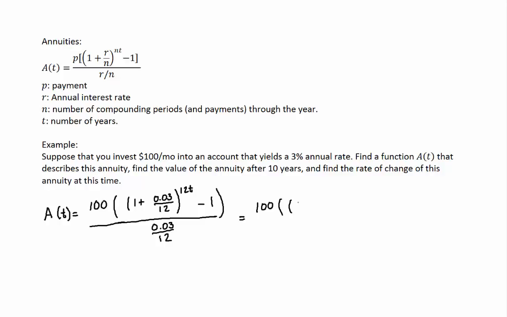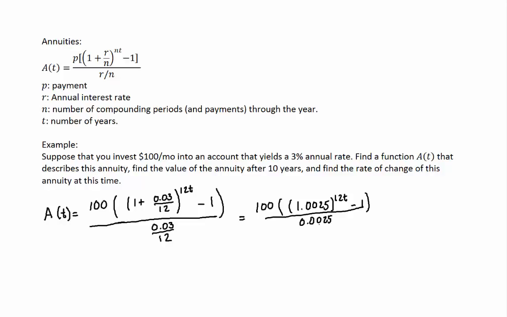0.0025. So this becomes 1, because you're adding 1, plus 0.0025, to the 12t minus 1, and all of it is divided by that same 0.0025.